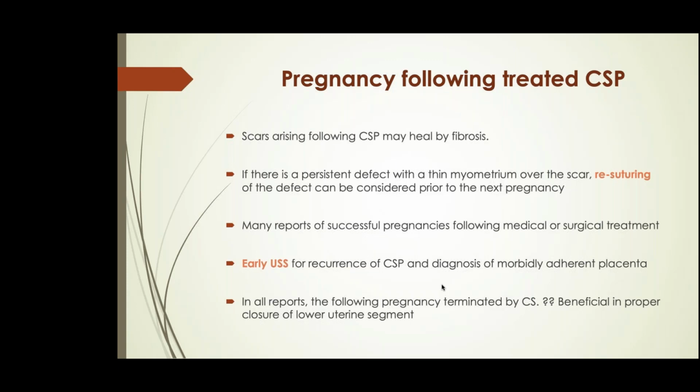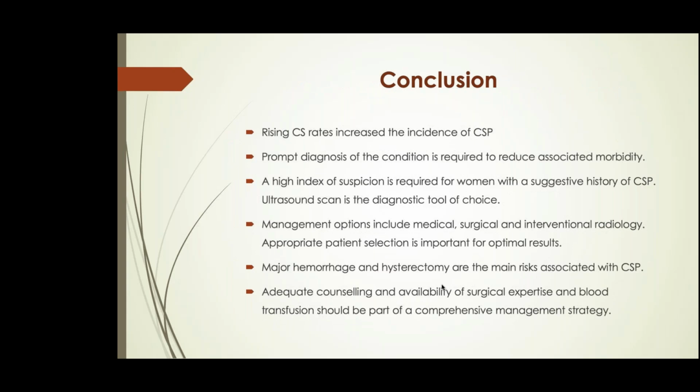In all reports, the following pregnancy was terminated by cesarean section: query beneficial. So yes, it's very important, when you do a cesarean section, to properly close the lower uterine segment, so as not to have a recurrence of the scar pregnancy.